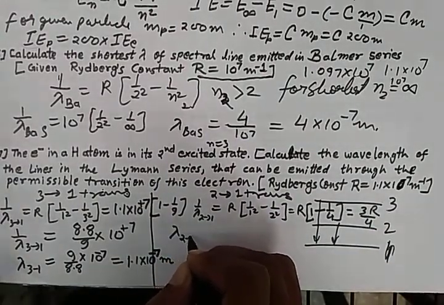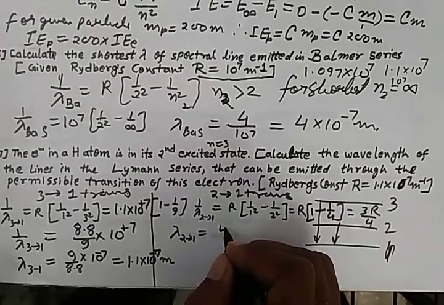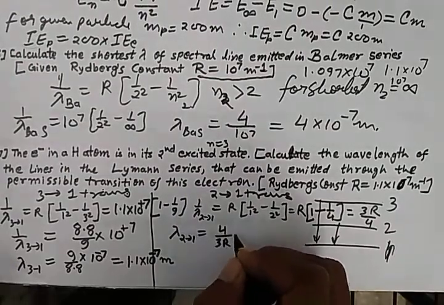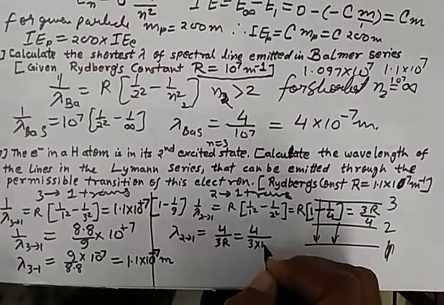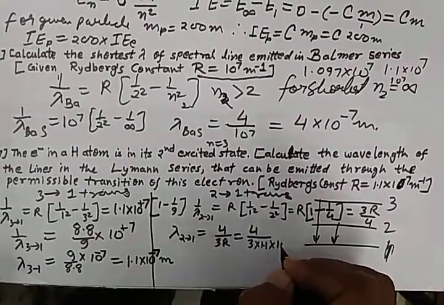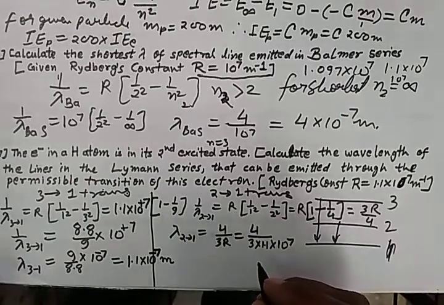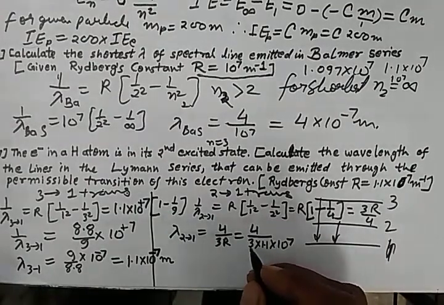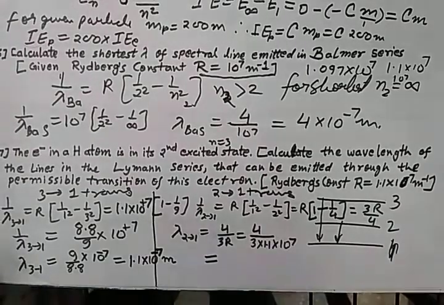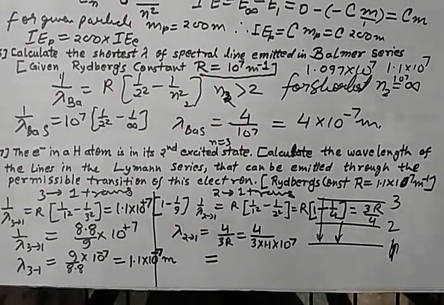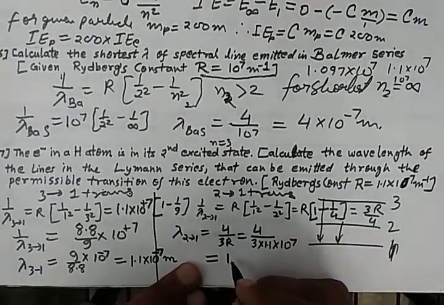Lambda 2 to 1 equals 4 by 3R. So 4 by 3 into 1.1 into 10 to the power 7, it will become 3.3, and if we divide 4 by 3.3, it will be approximately 1.2.